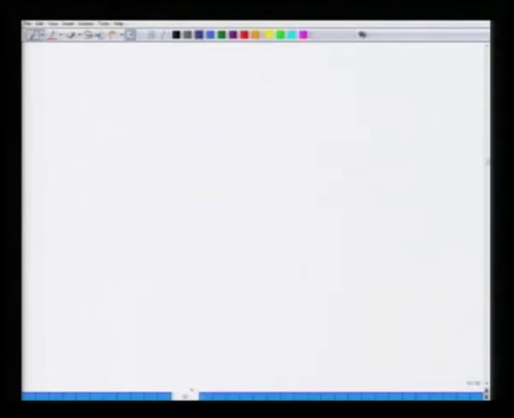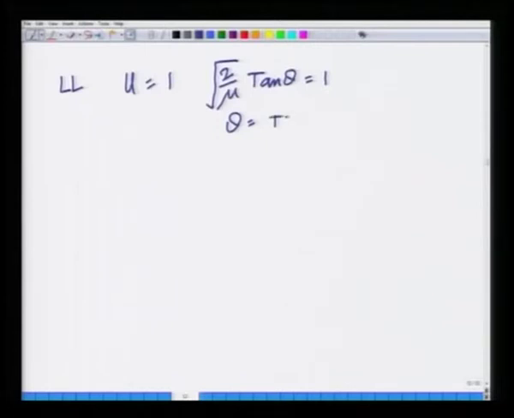Also, the lower limit can be simplified as follows: when u equals 1, for the lower limit, root 2 by mu of tan theta equals 1, which means theta equals tan inverse square root of mu over 2. All right.